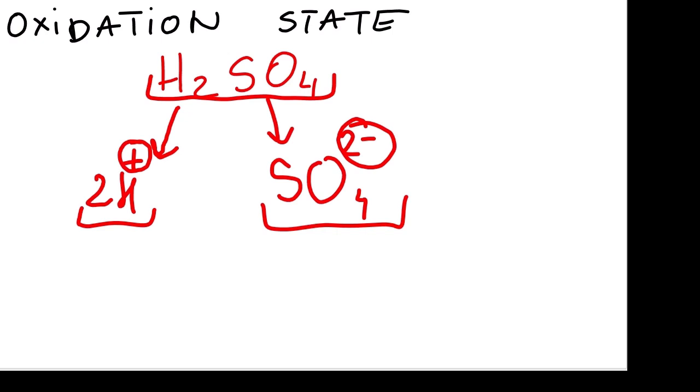Okay, so let's consider every single atom here in the sulfate anion. We need to consider in this situation the structural formula of the sulfuric acid particle. So let's draw it.